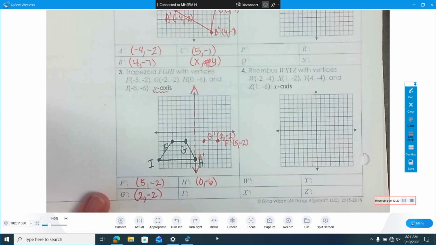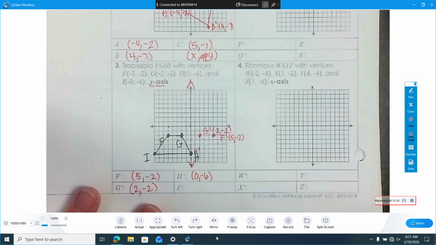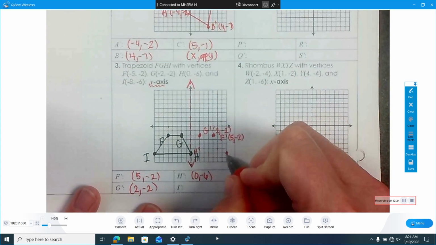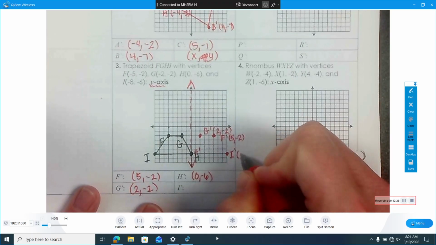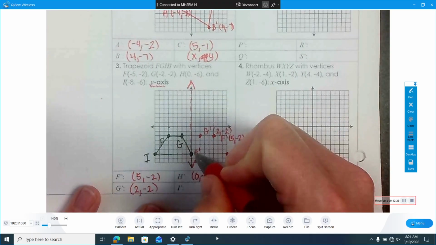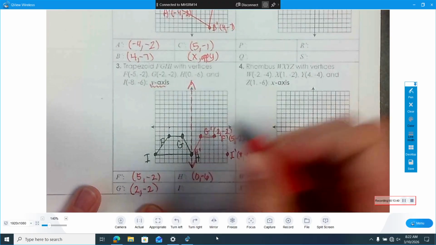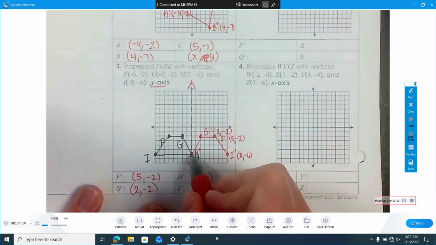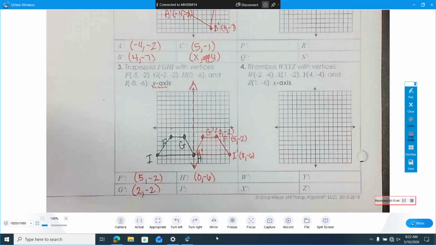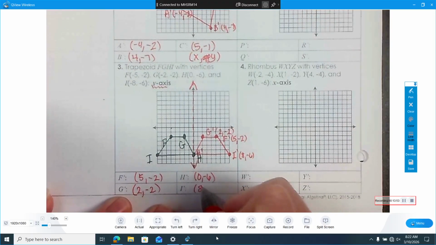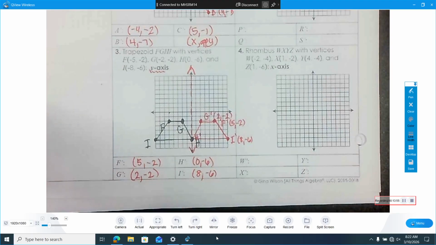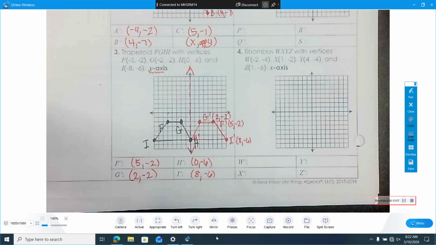And then I? Yeah, positive 8, negative 6. So I prime is at 8, negative 6. And so we have our trapezoid. The image here has been flipped over the y-axis. So tell me about these ordered pairs. What's the same and what's different when we reflect over the y-axis?